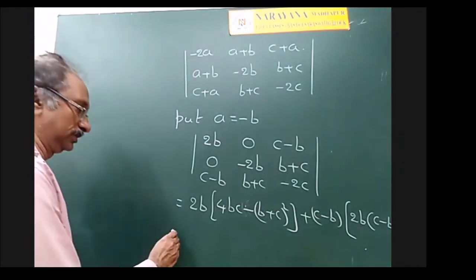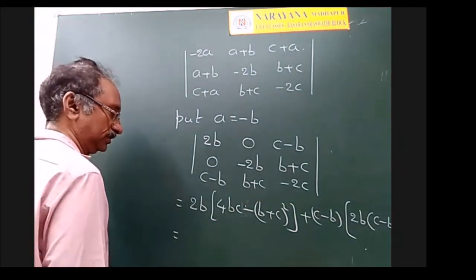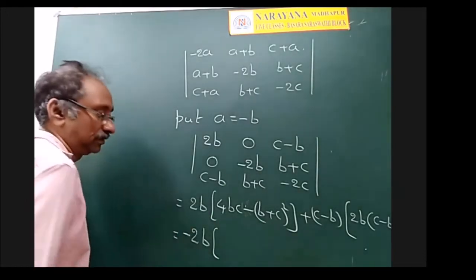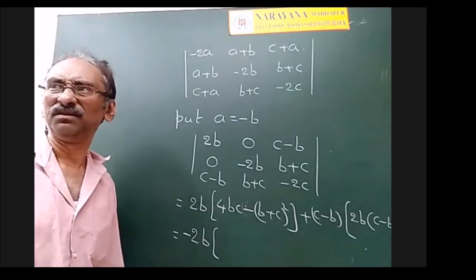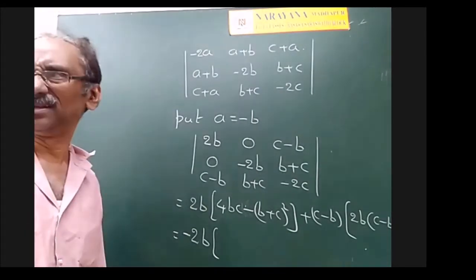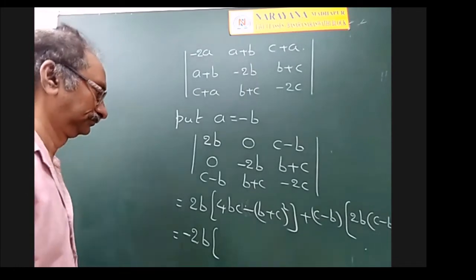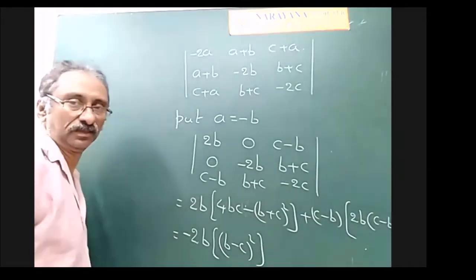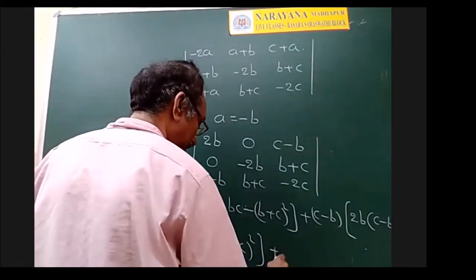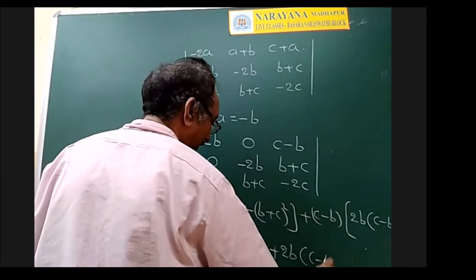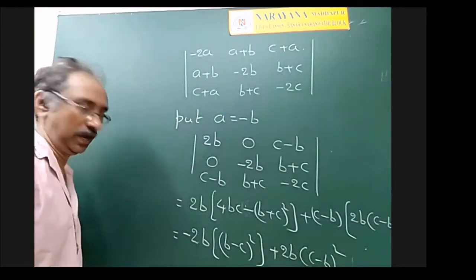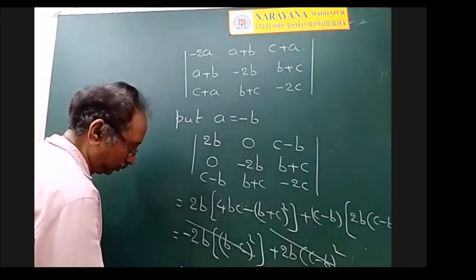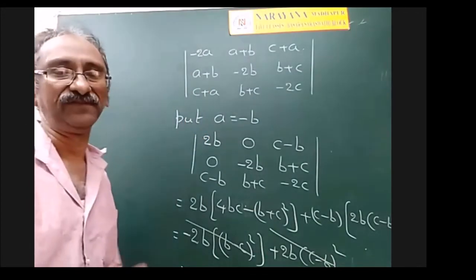So this is equal to 2b into, if you take minus common, b plus c whole square minus 4bc, so b minus c whole square. So this becomes plus 2b into c minus b whole square. Both are the same, but one is plus and one is minus. It is cancelled, 0.